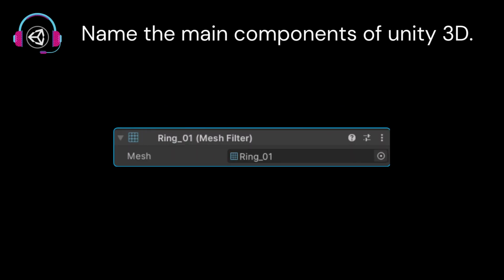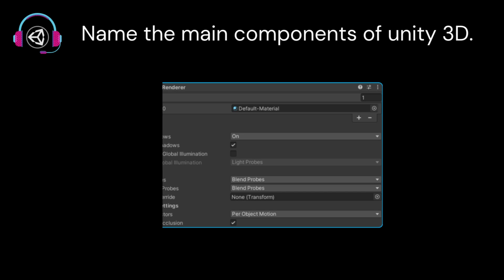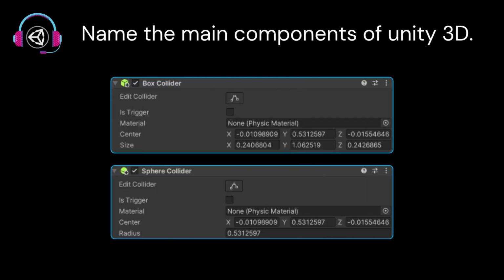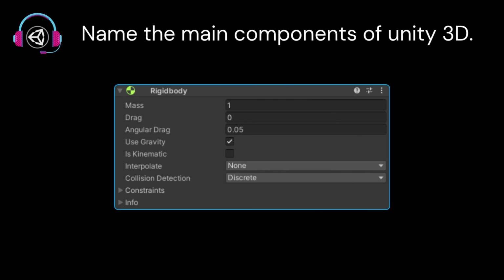Mesh filter holds the 3D geometry of the model. Mesh renderer renders geometry using materials. Collider handles collision detection, like box collider or sphere collider. Rigidbody adds physics behavior such as gravity and forces.